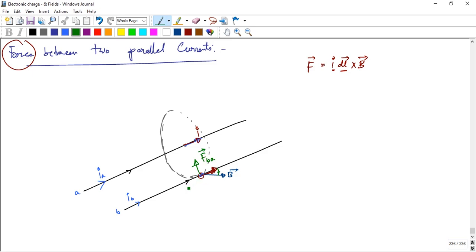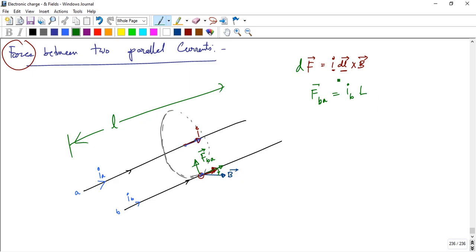Now consider FBA, with the current direction here being IB. Suppose we choose the length of conductor B as L. That is dL, a differential length obviously.